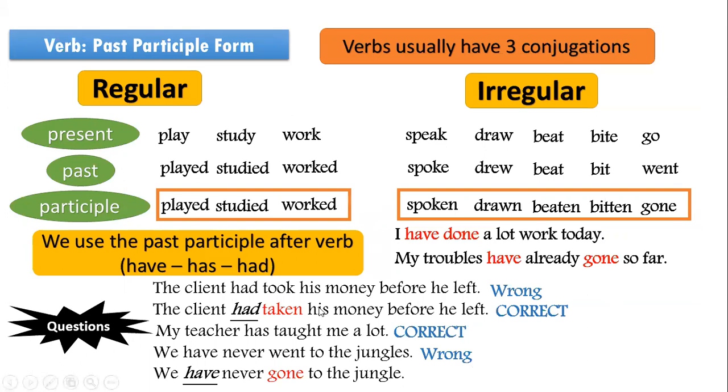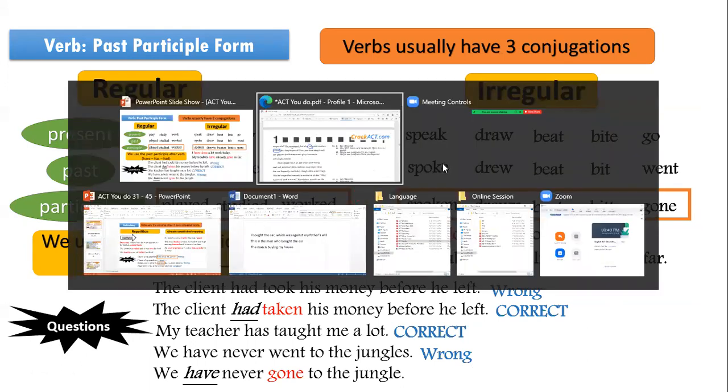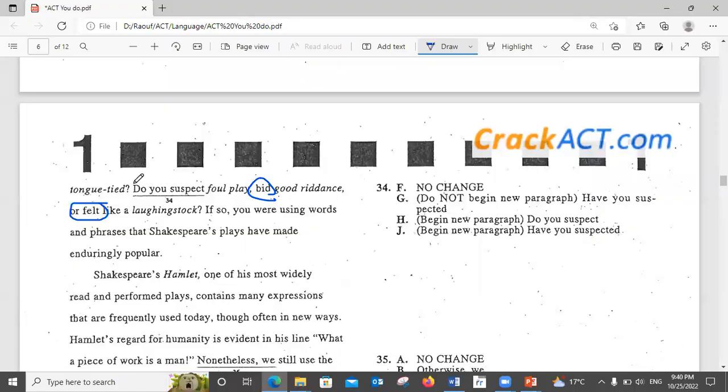Since we have a past participle, this simply means we need the verb have or has. I cannot say, do you bid? Do you felt? No. These verbs are past participles, and a past participle requires have or has or had. Where do we have this? We have it only in G and J. So I cancel F, I cancel H. Here I'm left with G and J.